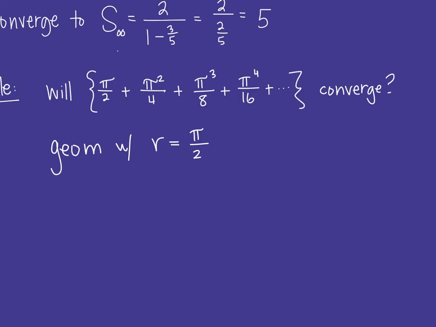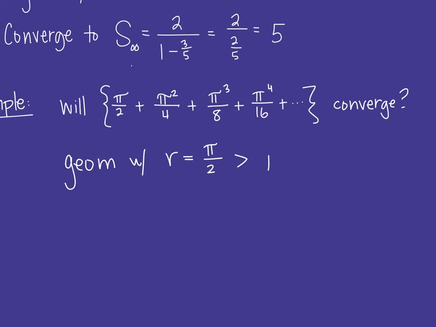Okay, so will it converge or diverge? Diverge. What's the value of pi over 2? 3.14159 divided by 2, which is greater than 1. So it's not going to converge. Will not converge. Done.